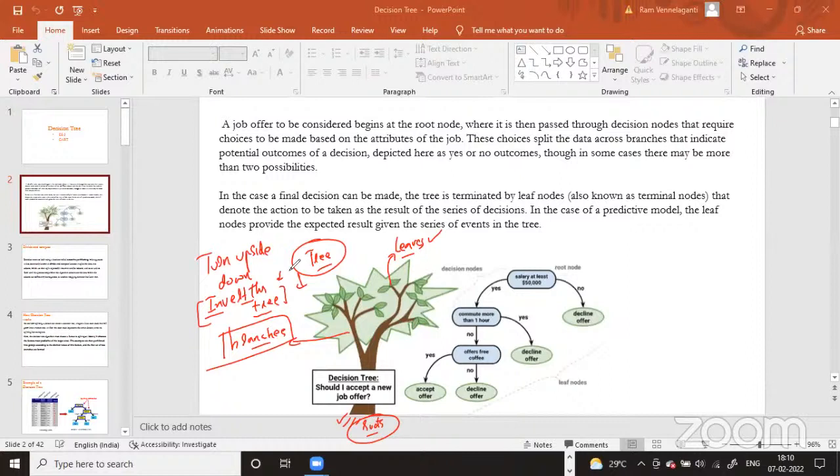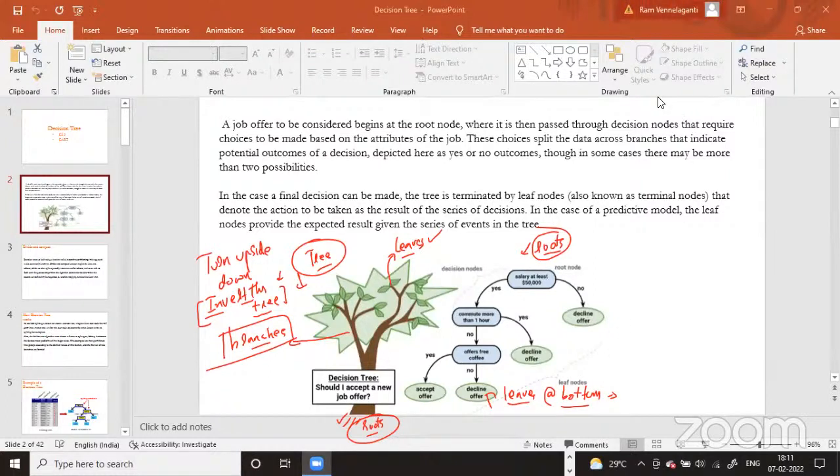My roots are going to be on top, and my leaves are going to be at the bottom for us.